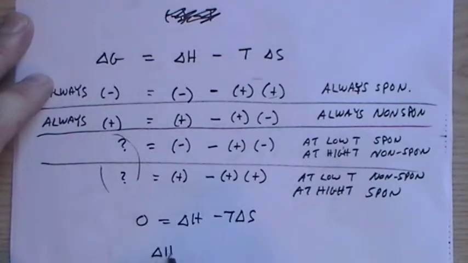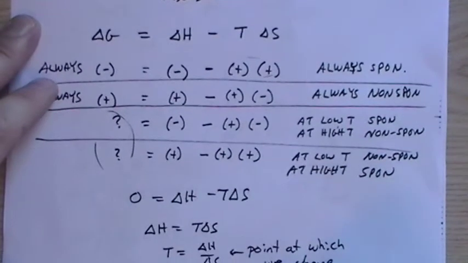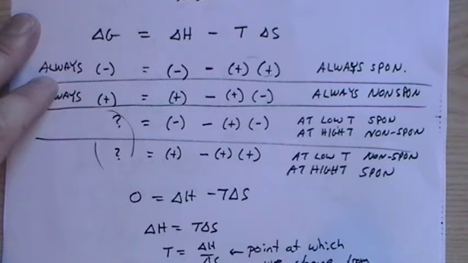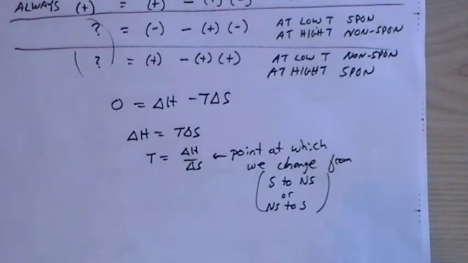So if we solve for T, then T is equal to delta H over delta S, the point at which we change from spontaneous to non-spontaneous, or non-spontaneous to spontaneous, one or the other. We go from one form to the other.